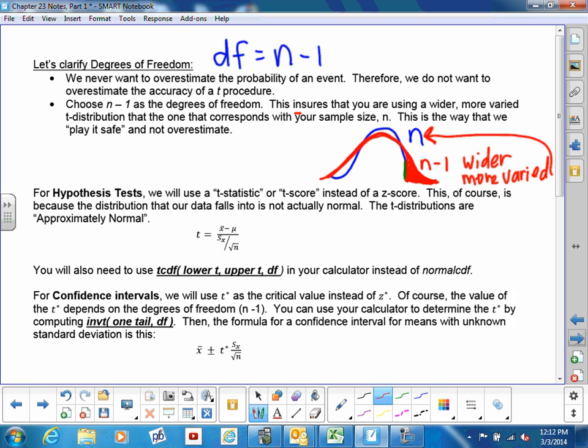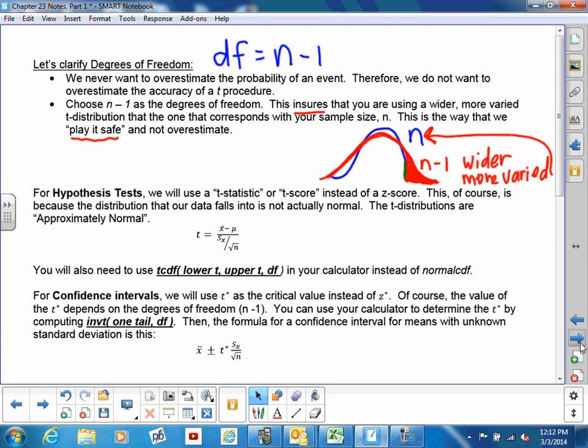So this ensures that you are using a wider, more varied t-distribution than the one that corresponds with your n. So this way, we are kind of playing it safe so that we do not use the one for our exact n. So that's why degrees of freedom are n minus 1. It gives us a little more freedom in our estimates, in our conclusions.